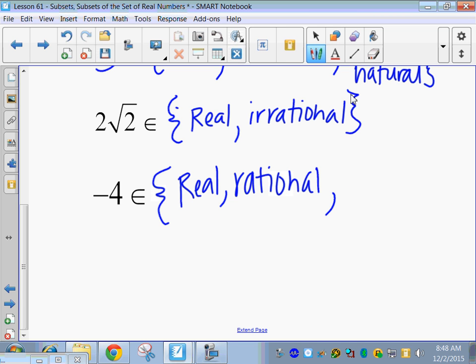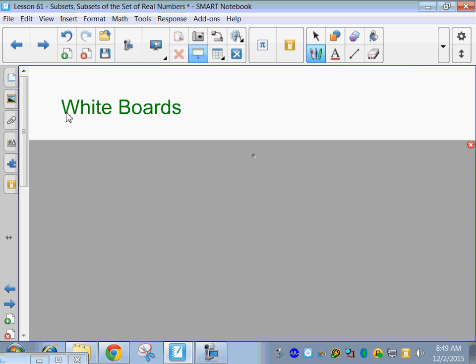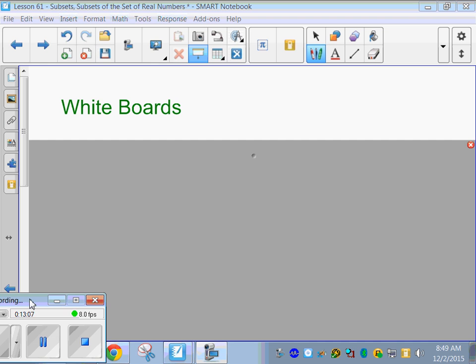Sophia, what do you think? Yes. Do we go into the whole numbers? Whole numbers are not negatives. Neither are counting numbers, right? So this one only has 3 things: real, rational, integer. So any negative nice number is always these 3 things. Okay? All right, let's try it on the whiteboards and see how we do.